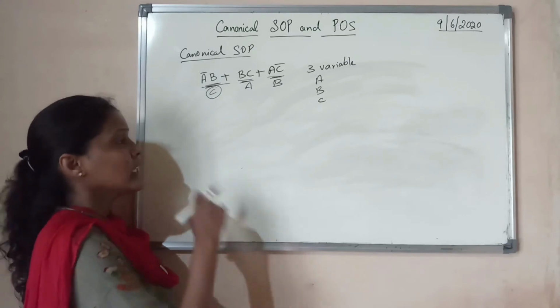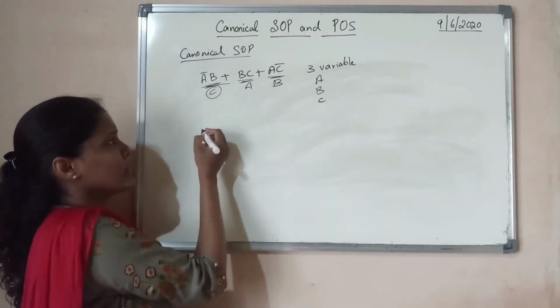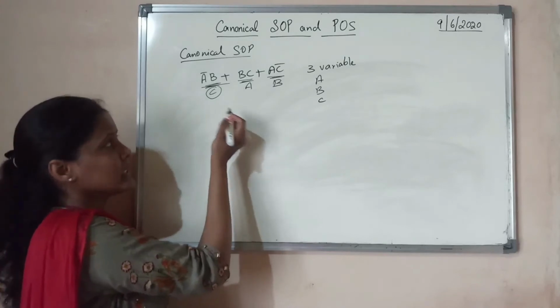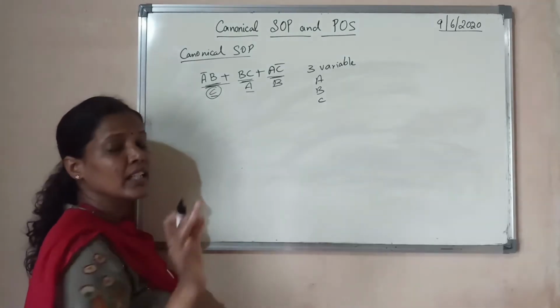The first step is to identify whichever variable is missing in each of the terms.